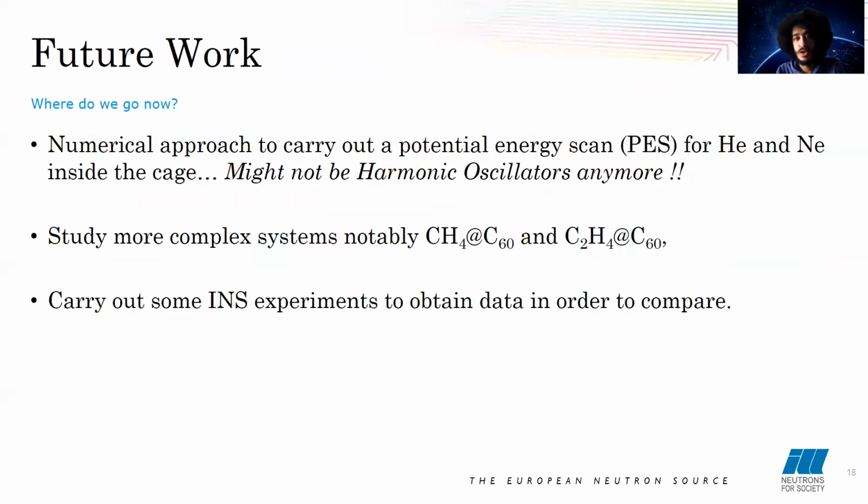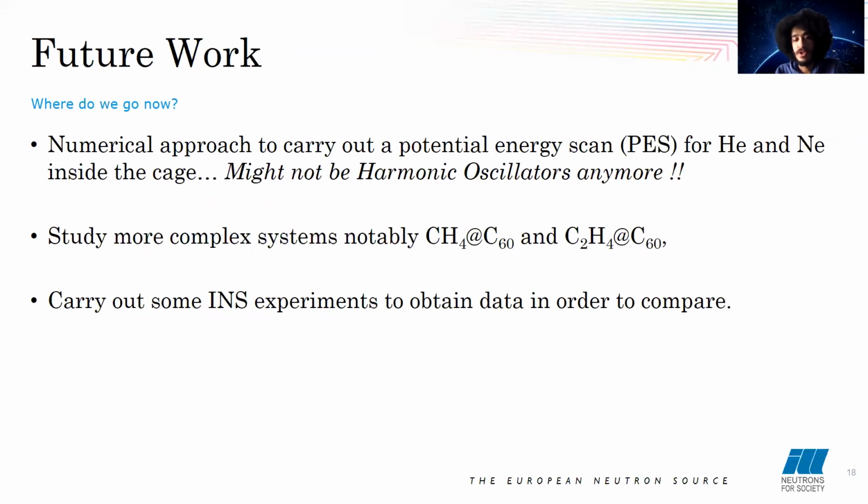As for the future work that I've already started on, it is the numerical approach to carry out a potential energy scan for helium and neon, and to try to find the most relaxed and optimized structure for these systems.